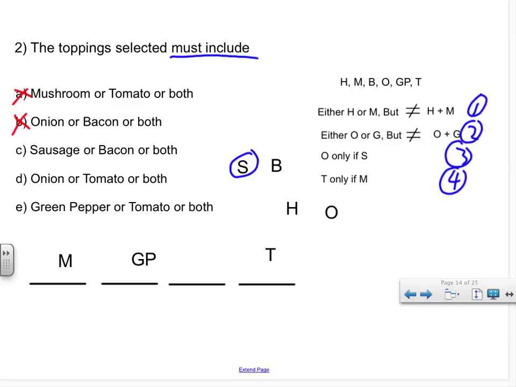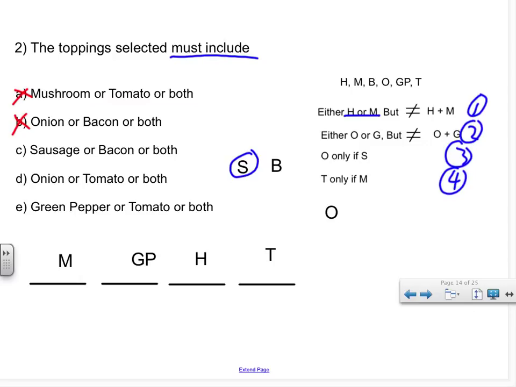So let's try H. I know that it can't appear with H because it would break condition 1.